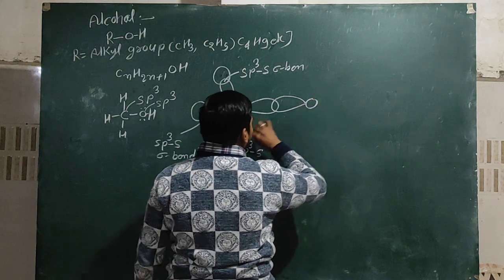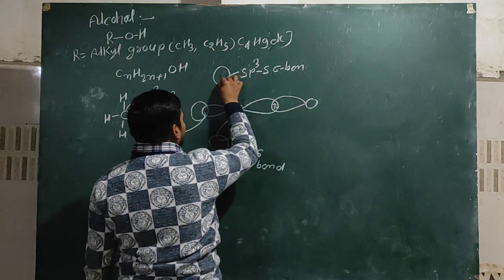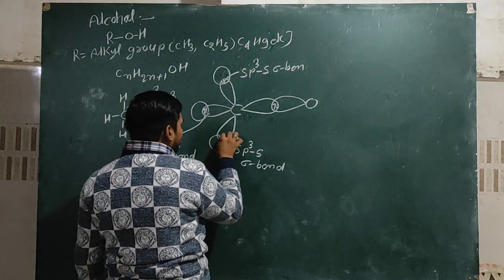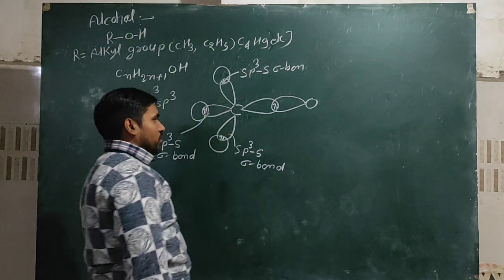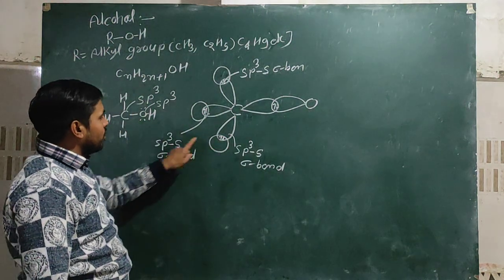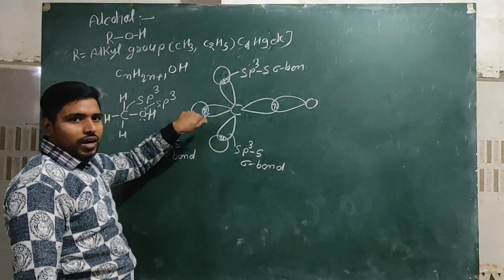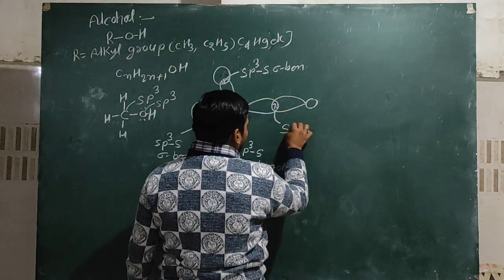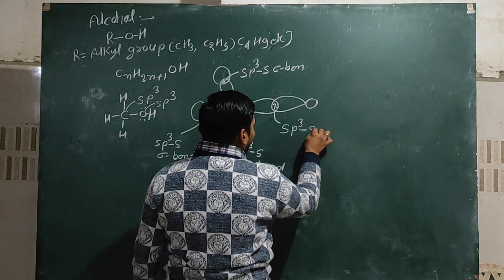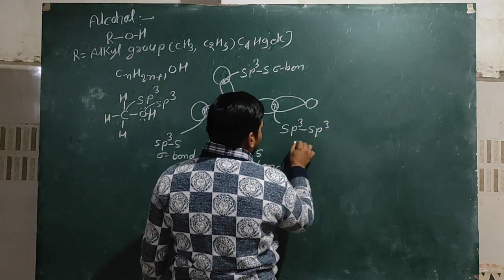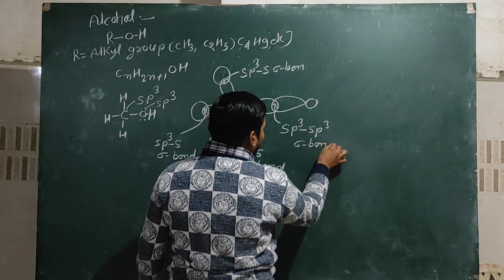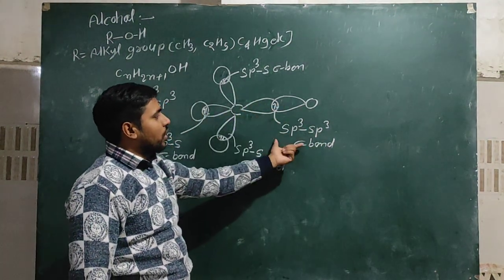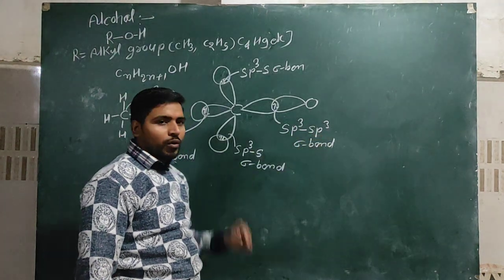and each sp3 hybrid orbital contains 2 electrons, where overlapping of s orbital with sp3 hybrid orbital takes place. But here this bond is known as an sp3-sp3 sigma bond, because due to overlapping of both the orbitals, formation of the sigma bond takes place.